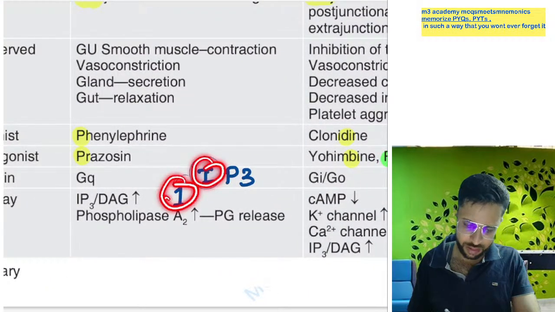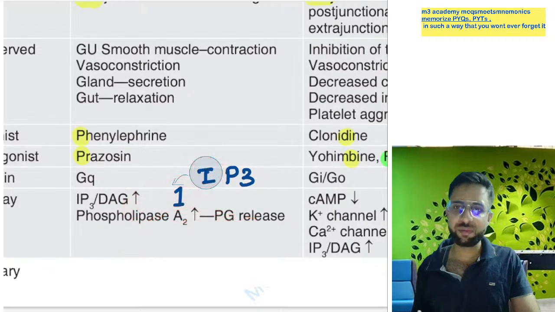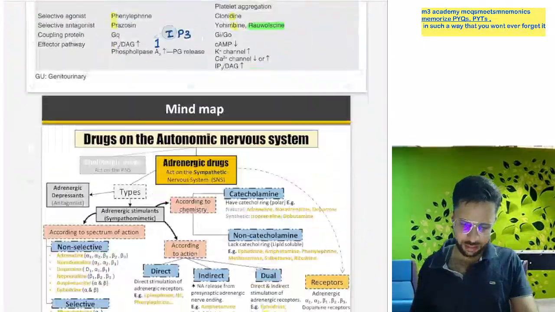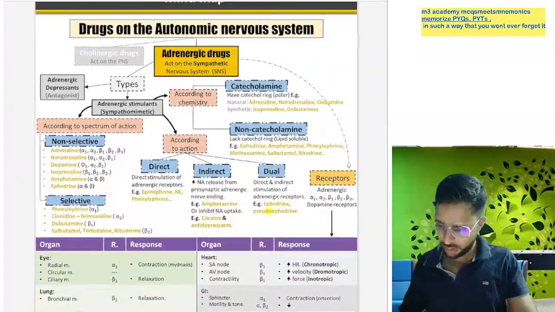Alpha 1 is a Gq type, IP3 DAG receptor. Now next, this is the mind map for the drugs for the autonomic nervous system.